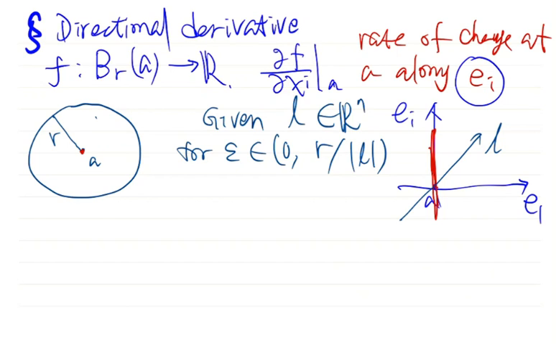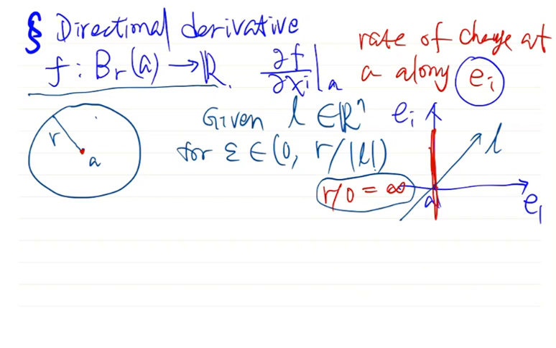Our f is defined in the R neighborhood of A. Now, if ε is greater than 0 but less than R divided by the norm of L, here we make a convention that if L is 0, then this is infinity. This is our convention.